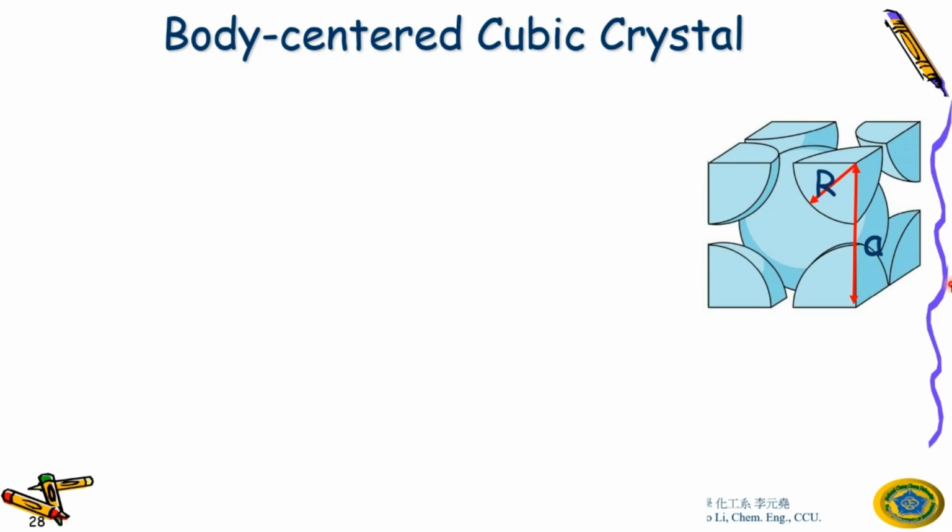This is called a body centered cubic crystal. So let's find out what the coordination number is. Can you tell me? A: 6, B: 8, C: 12. Coordination number, how many?